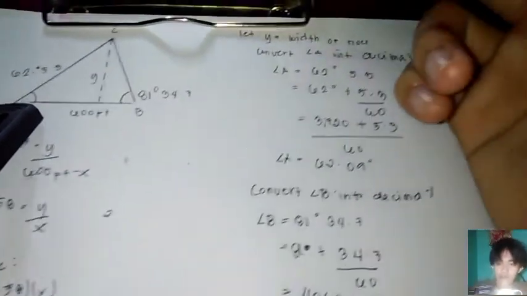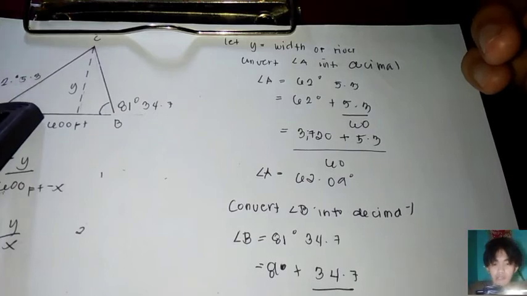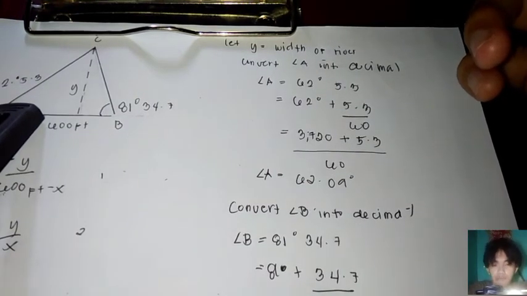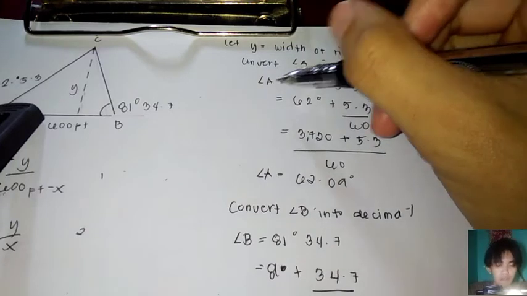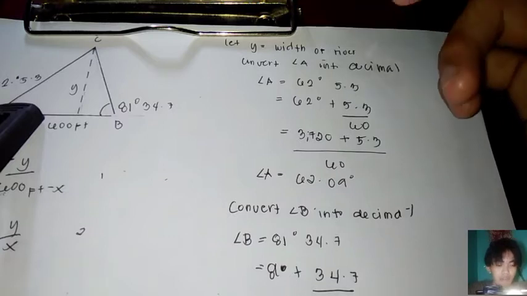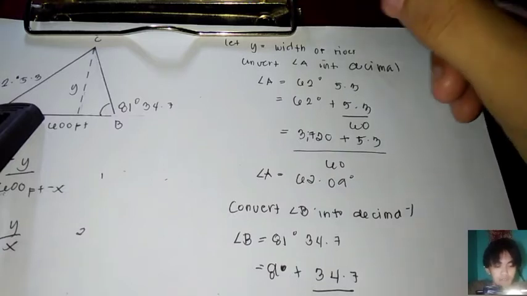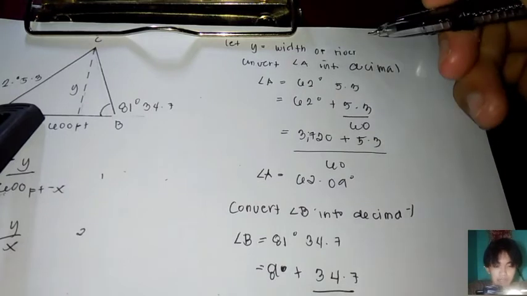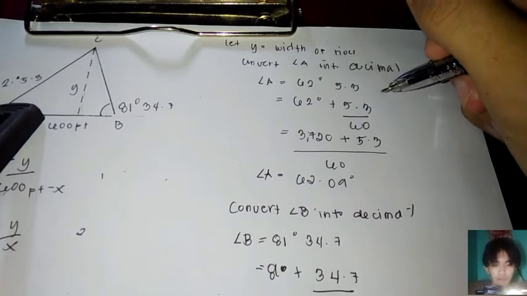So first we need to let y be the width of the river. So let's convert the angle A into decimal. So we have angle A equals 62 degrees 5.3 minutes. So it equals 62 degrees plus 5.3 over 60.